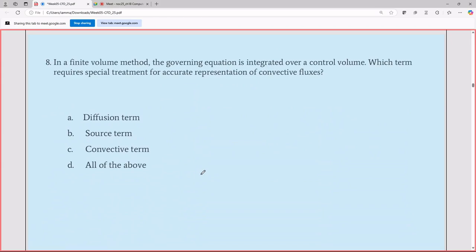Next question. In a finite volume method, the governing equation is integrated over a control volume. Which term requires special treatment for accurate representation of convective fluxes? So the question is on finite volume method. Which term among the below given needs a special treatment for the representation of convective fluxes?